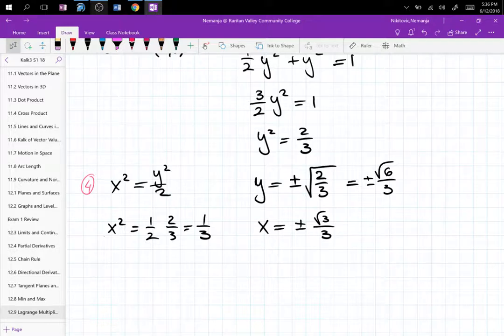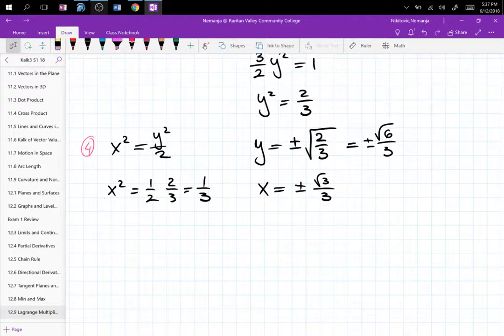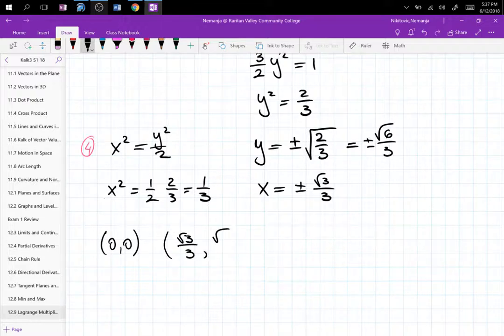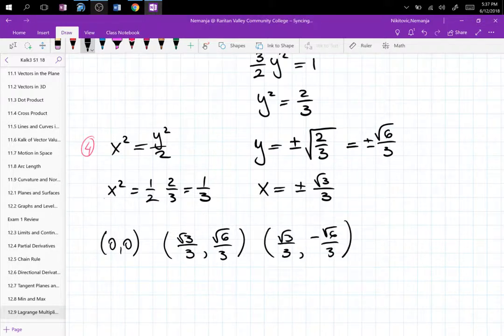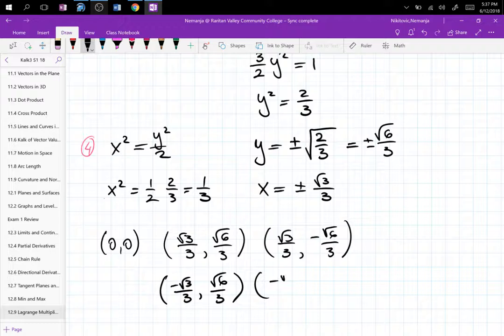So what do I have as solutions? I have, well, 5 points. I still haven't checked 0, 0. I have 0, 0, which I have to check. And then I have root 3 over 3 with root 6 over 3. Root 3 over 3 with negative root 6 over 3. Then I have negative root 3 over 3 with root 6 over 3. And negative root 3 over 3 with negative root 6 over 3.